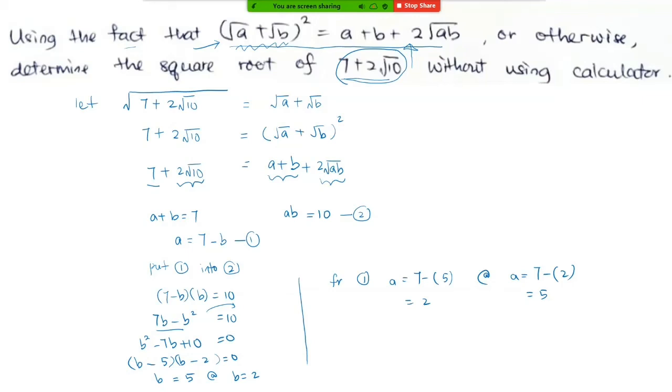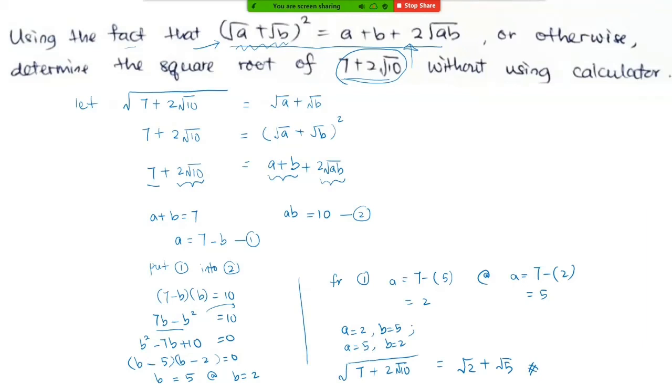A can be 2 when B equals 5, or A equals 5 when B equals 2. That will bring us to our answer: the square root of 7 plus 2 root 10 is equivalent to root A plus root B, so it will be root 2 plus root 5. That's the solution for this question number 2.